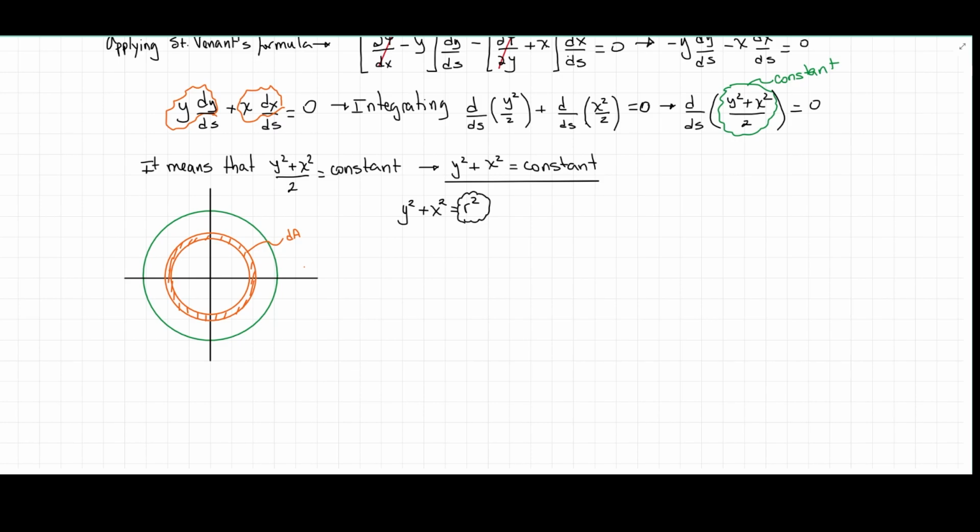The distance from the center to the beginning of that differential element is going to be r.